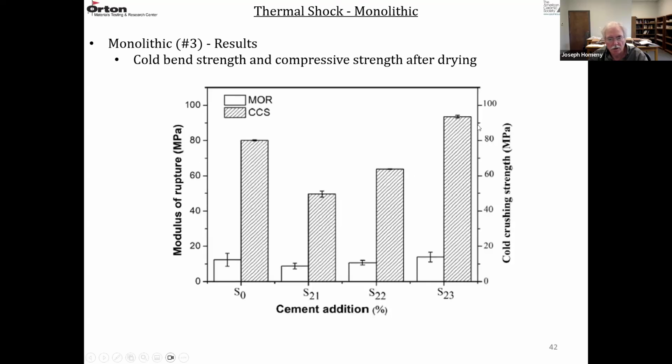This is 100. So after drying, there's some more cement hydration. So they become a little bit stronger. So the cold MOR is a little bit higher, and so is the cold crushing, but there's still the disparity. The cold MOR is much lower than the compressive strength.